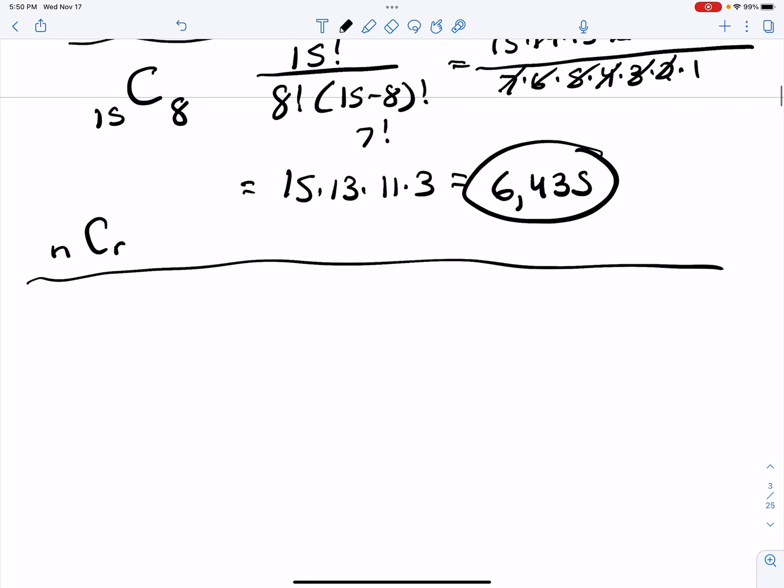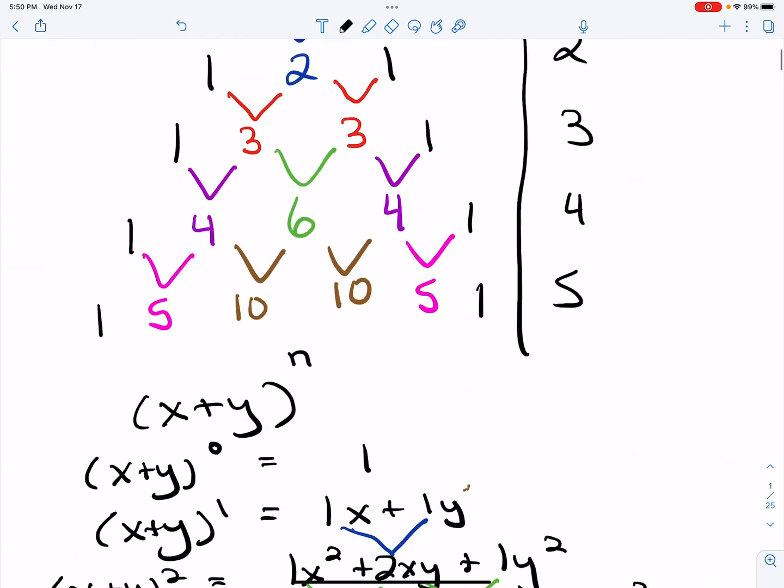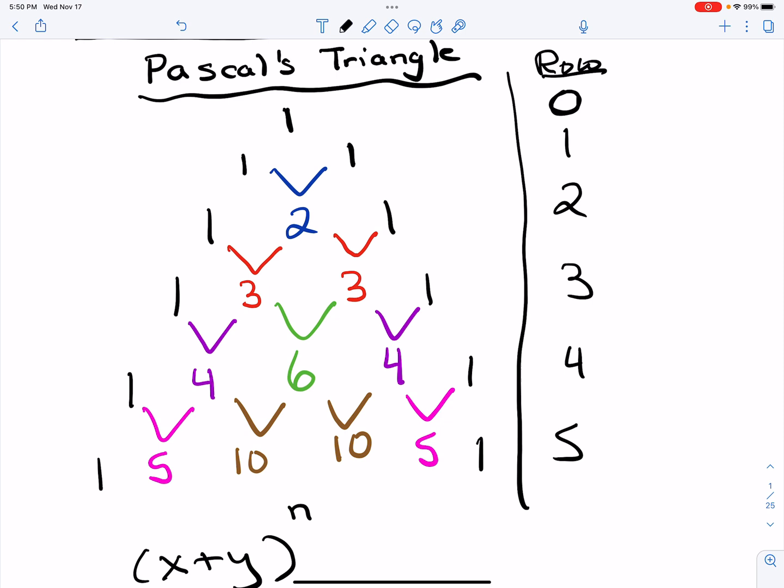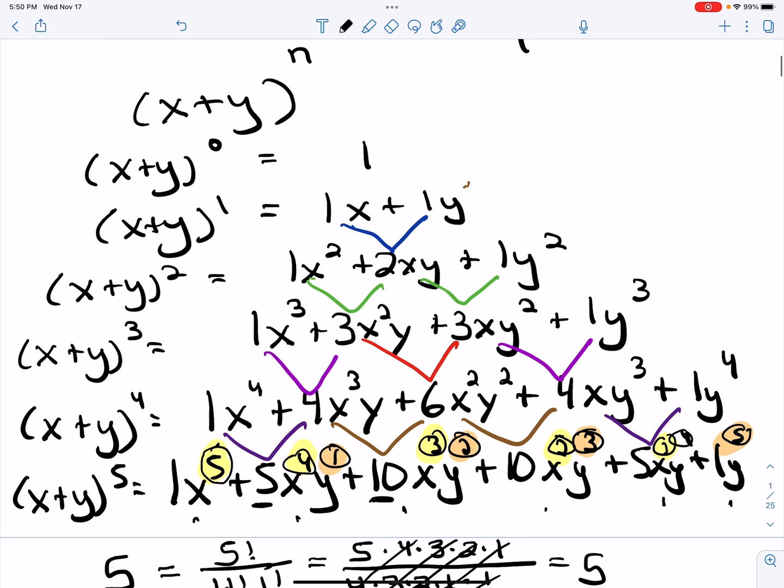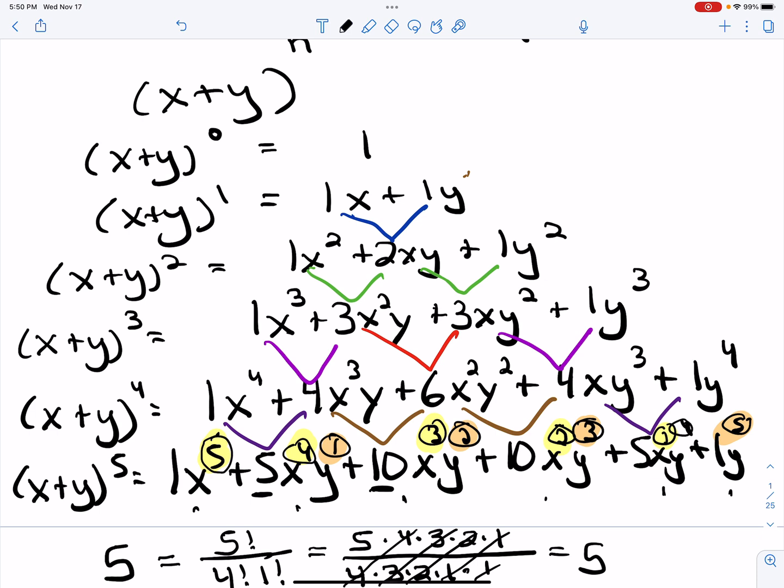So Pascal's triangle, I'm going to scroll back up, hope I don't make any of you dizzy. Again, I mentioned earlier it has some symmetry to it, which is kind of interesting. And if you look at these, there's symmetry as well. And when you start to look at how Pascal's triangle and the coefficients all relate to the binomial theorem, you'll see that there are some relationships here too. Like you have 5x to the fourth y to the first, but then you also have 5x to the first y to the fourth.